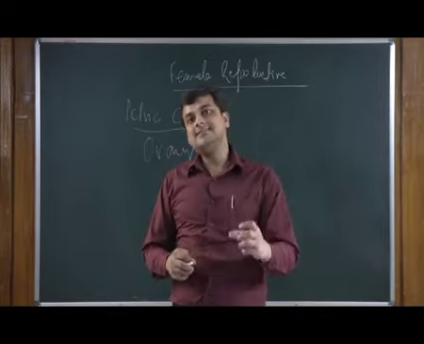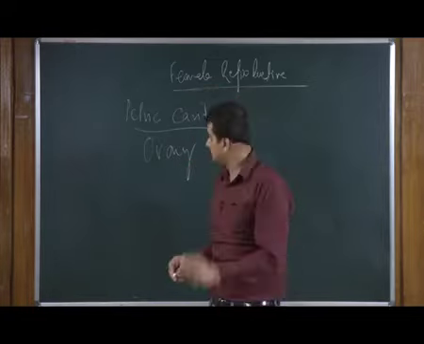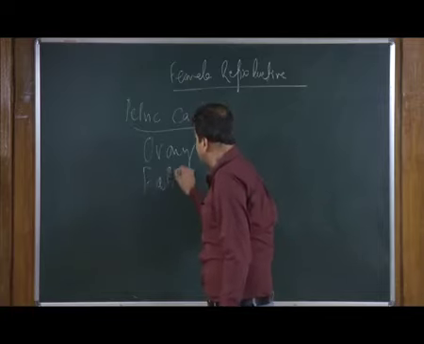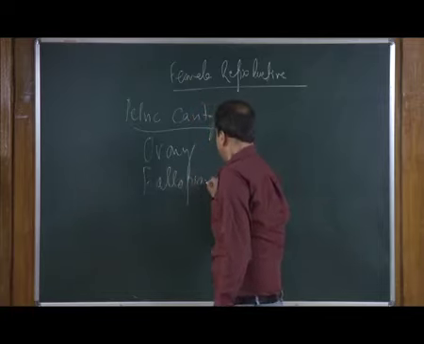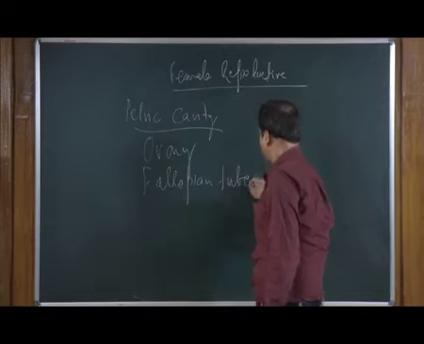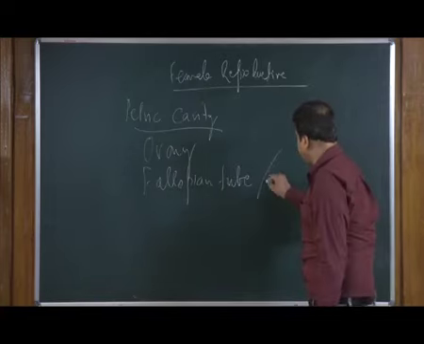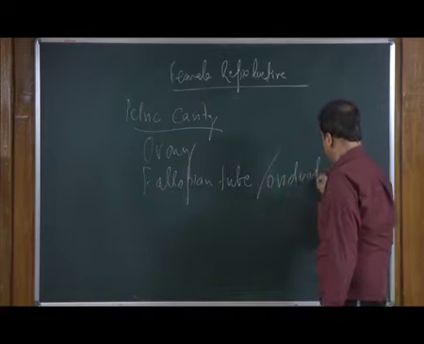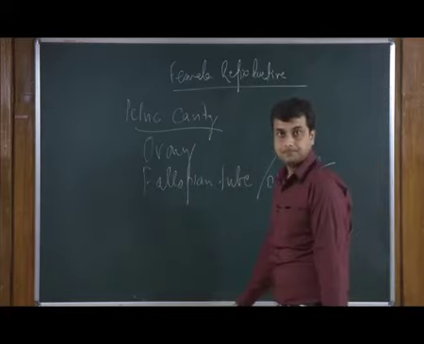This ovary is continued into a ductal system called the fallopian tube, also called the oviduct.